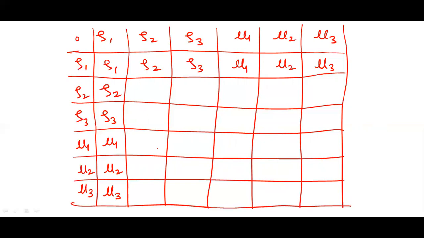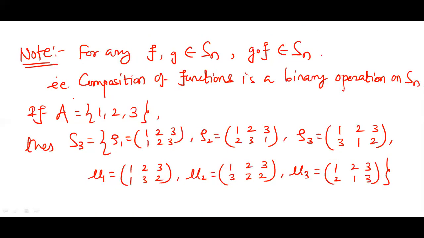Okay, let's see what rho 2 composition is. Under the function rho 2, 1 maps to 2, and 2 maps to 3. Therefore in rho 2 composition rho 2, 1 maps to 3.